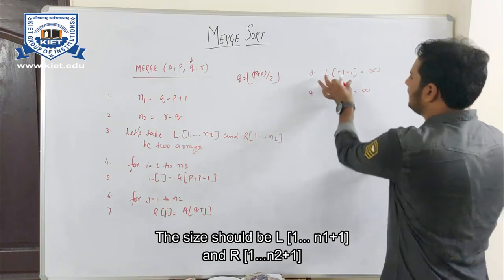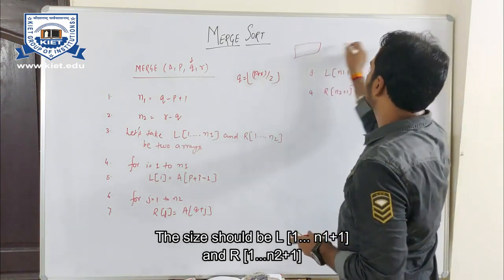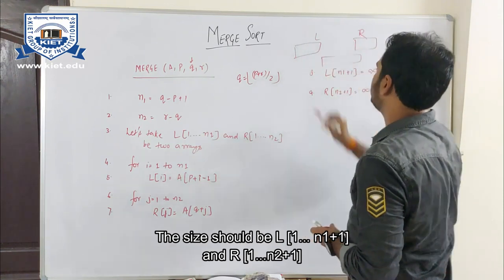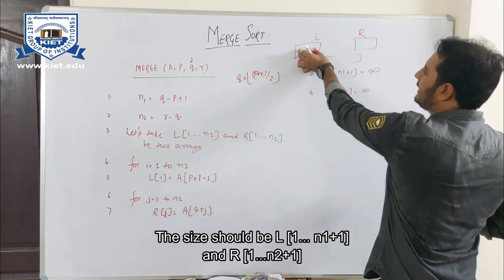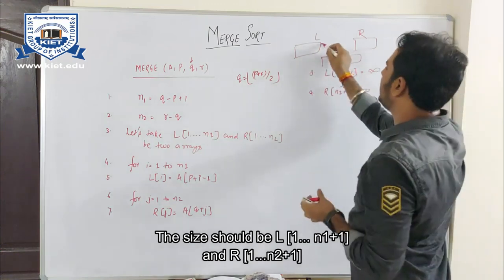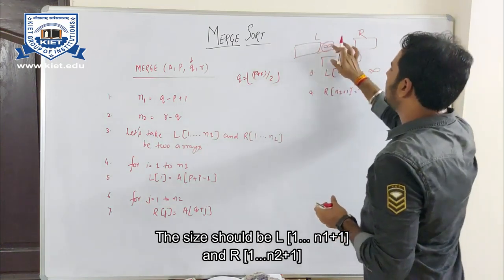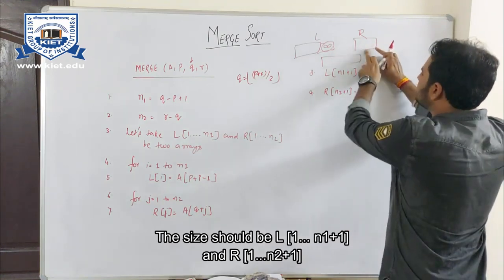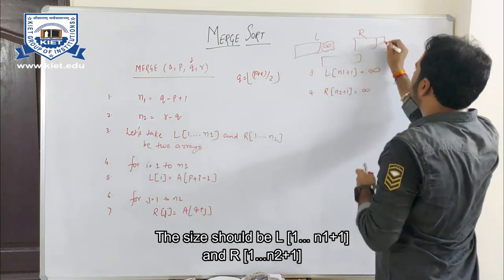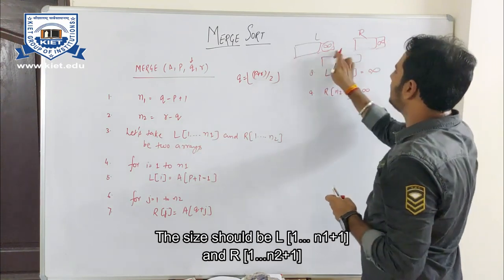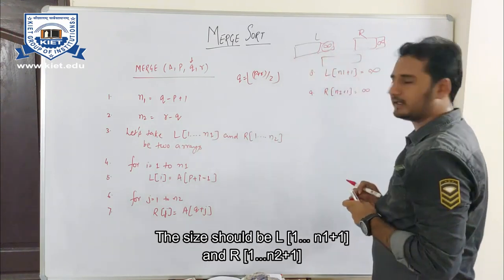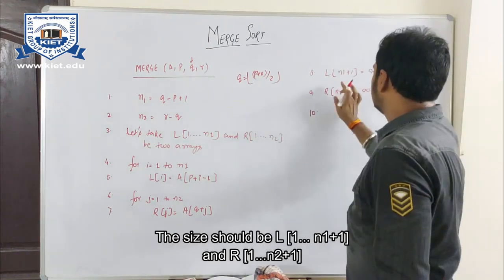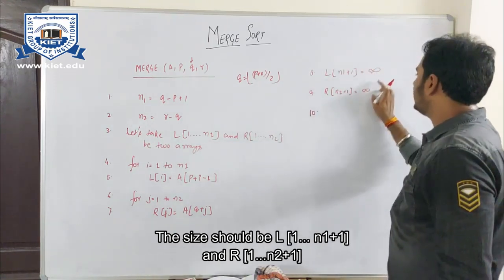Just because when you are comparing these two arrays and putting them in sorted order, what if this whole array is exhausted? So you will write infinity here, so that you can copy the rest of the right array. Similarly, if the right array gets exhausted, this infinity will help you to copy the remaining values of the left array. So we are putting infinity here. Now we have put infinity at the end of the arrays.